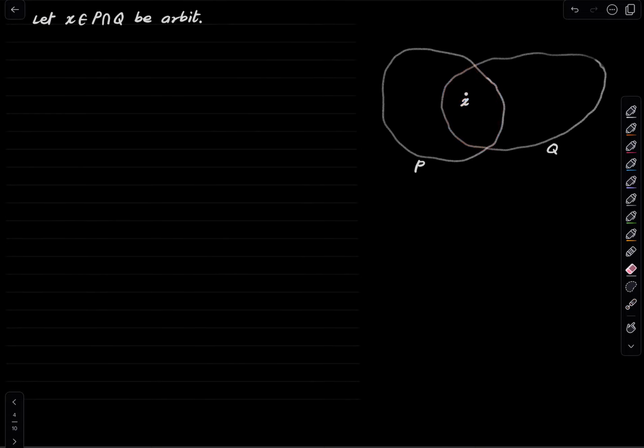Now, since this is the union of A alphas, x is contained in one of the A alphas. It could be contained in multiple A alphas, but it is contained in at least one A alpha. So let me draw that. So that is A alpha, and similarly it is contained in some B beta.